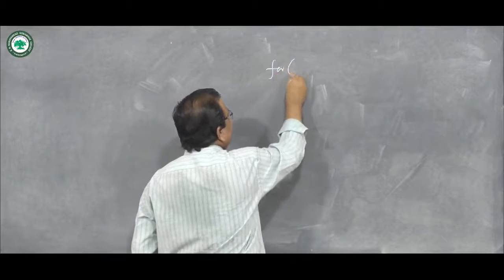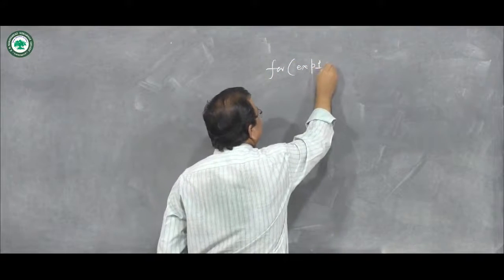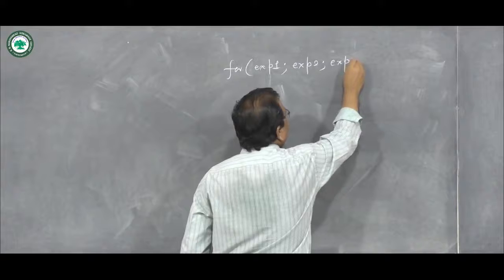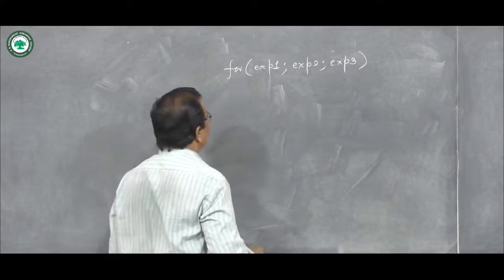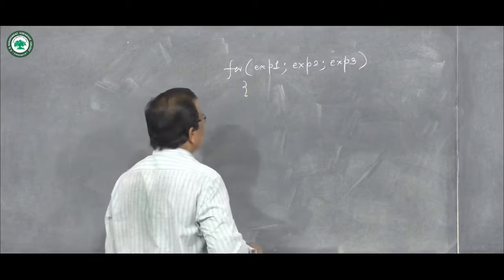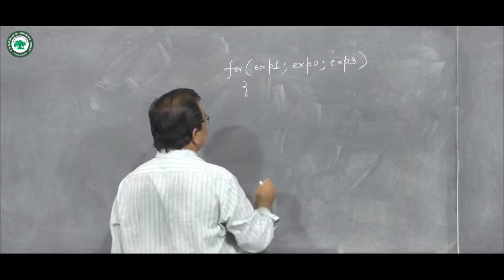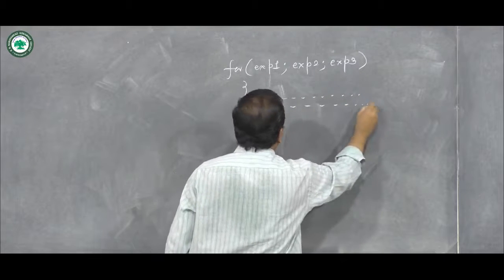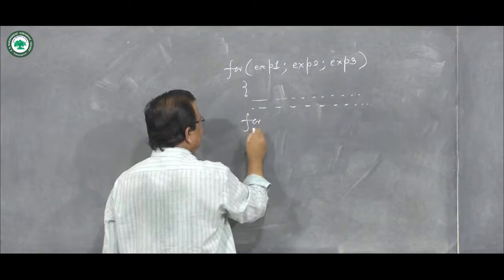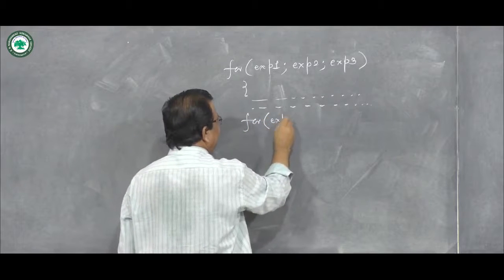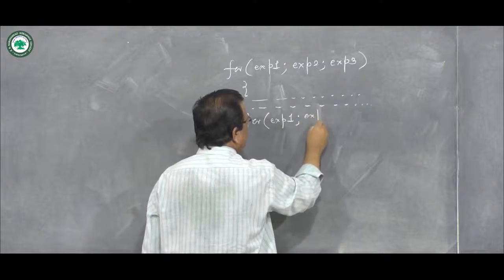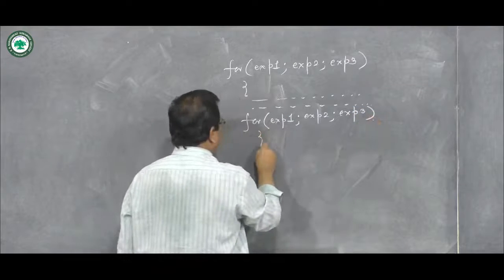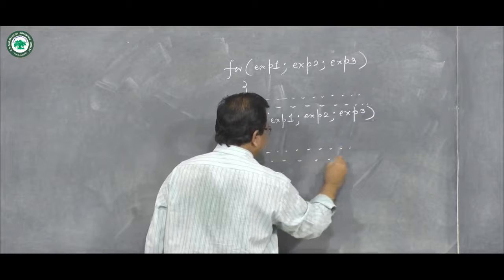For expression 1, semicolon, expression 2, expression 3, parenthesis complete, and then left brace, and what I have here is few C statements, then another for loop, for expression 1, expression 2, expression 3, C statements.